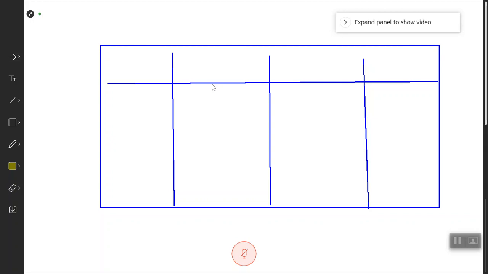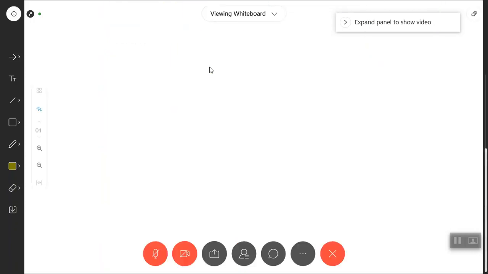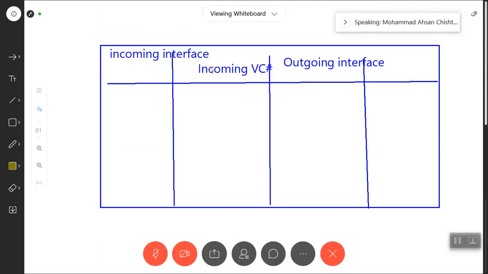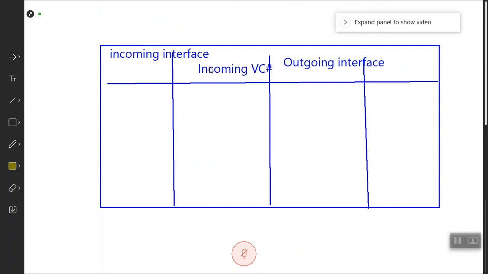Here we have the incoming interface. Here we have the incoming virtual circuit number. Here we have the outgoing interface, and the last one we have the outgoing virtual circuit number.